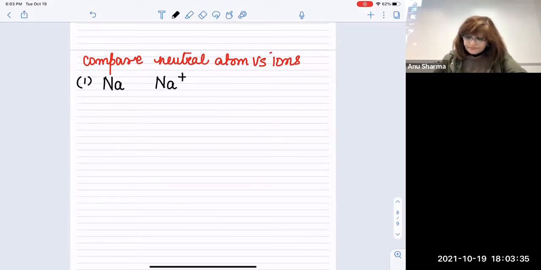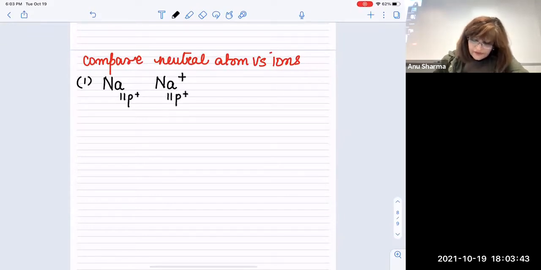Remember that there are 11 protons here, and here also there are 11 protons, right? And here there are 11 electrons, and here there are 10 electrons.